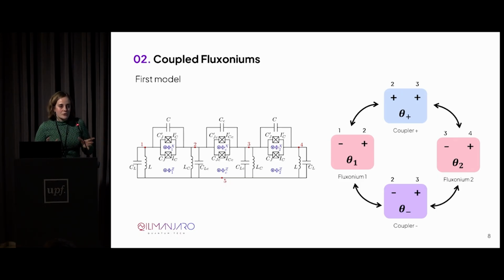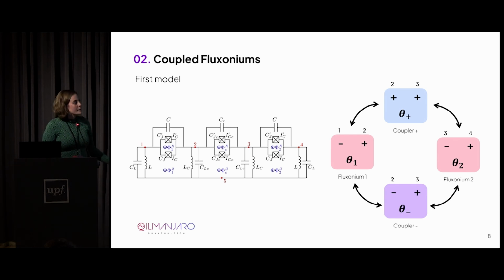And these contributions actually have opposite signs, so this allows us to tune the coupling strength by tuning the second contribution, the one with the coupler Fluxonium-like mode, that is flux-tunable, as I mentioned. And we can even get to a point in which the interaction is turned off when these two contributions have the same magnitude. But this will become more clear in a while, when I show you some more slides.